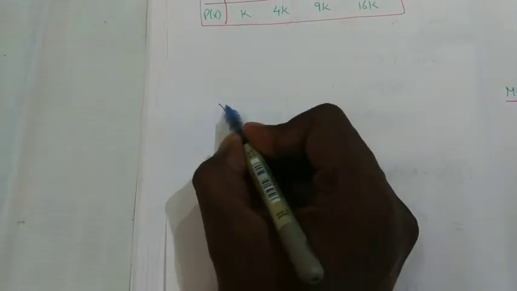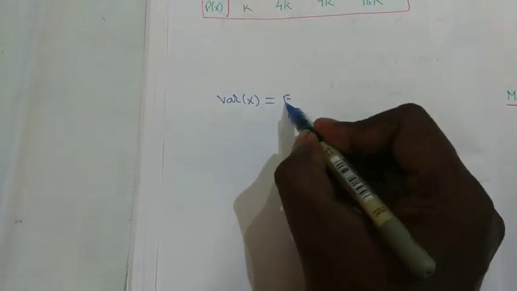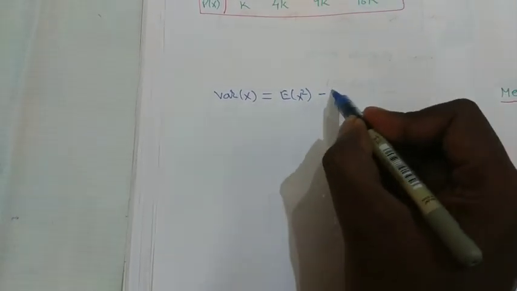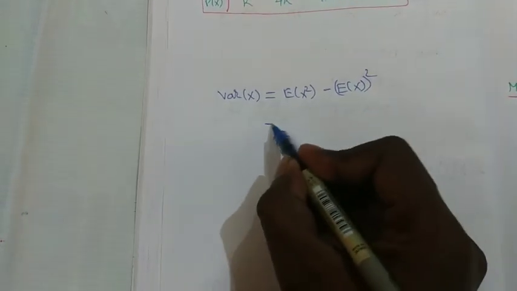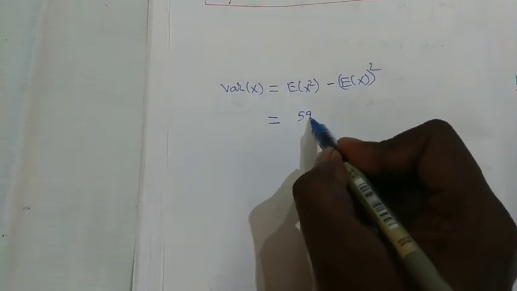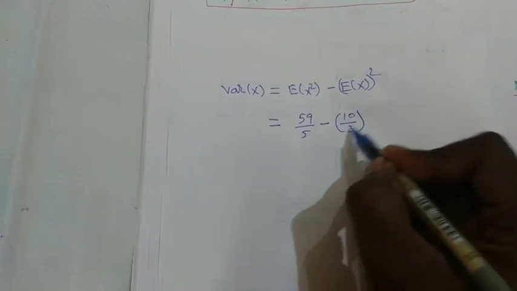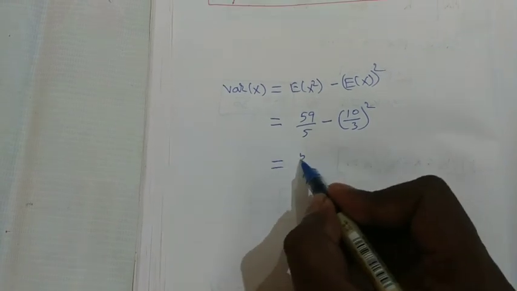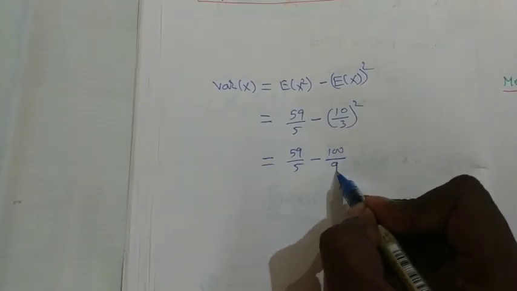So variance of x is equal to E of x square minus E of x the whole square. So E of x square is 59 by 5 minus E of x, which is 10 by 3, the whole square. So 59 by 5 minus 100 divided by 9.